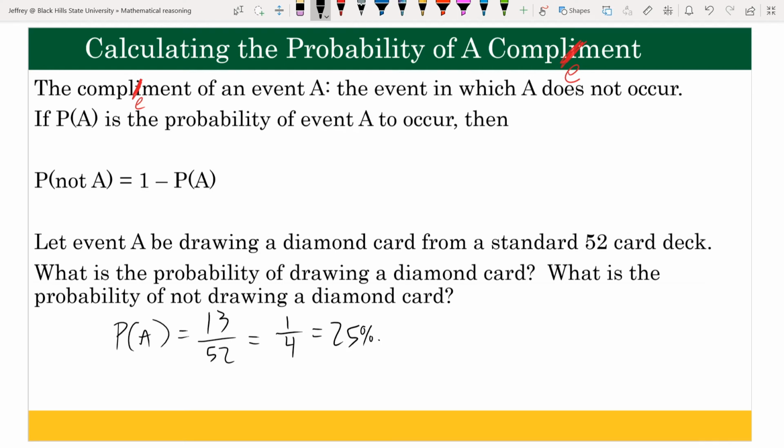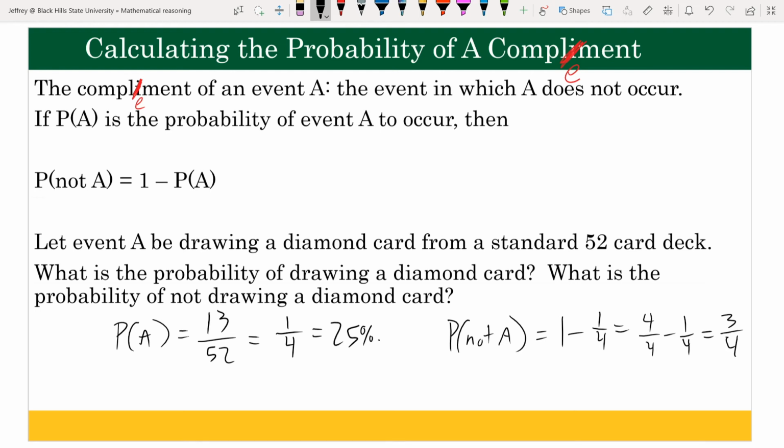So now what's the probability of not drawing a diamond card? Well, you could just count all the other cards, and that would give you 39 out of the 52 cards. Or what we could do instead is we could find the probability of not A as 1 minus 1/4, which we know is just 4/4 minus 1/4, getting that common denominator before I subtract, and we're left with 3/4.